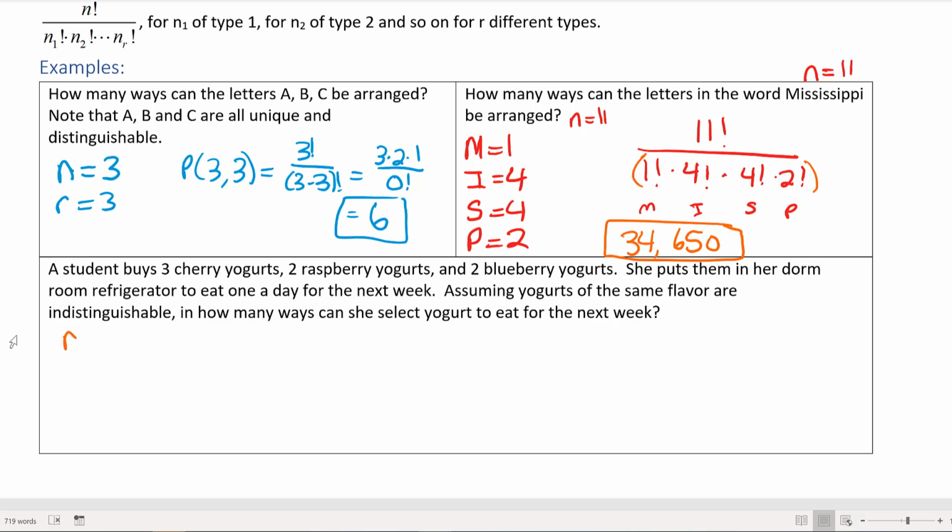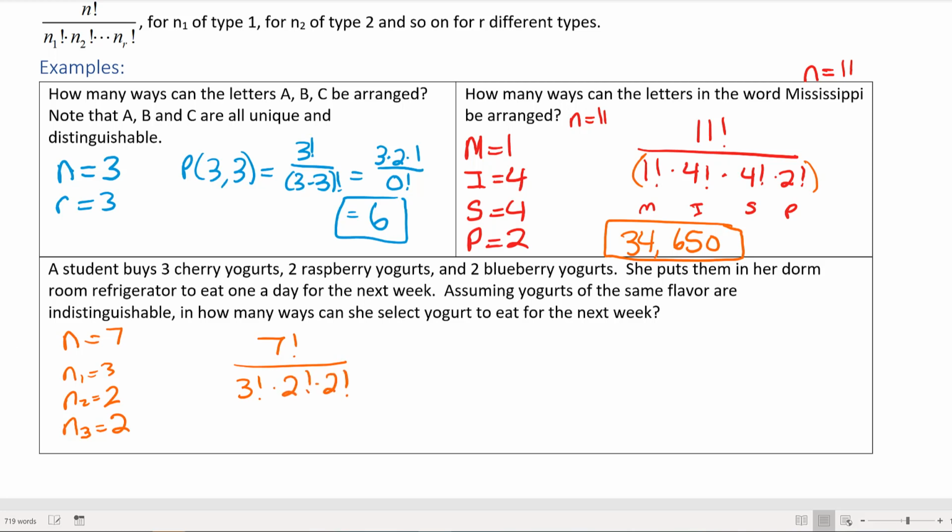So we have n equals 7 different yogurts. But because of the 3 cherry yogurts, she can't tell the difference between them. We have n1 is 3, n2 for raspberry is 2, and n3 for blueberry is 2. When I use my formula, I have 7 factorial over 3 factorial times 2 factorial times 2 factorial.